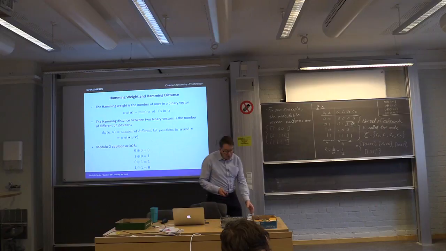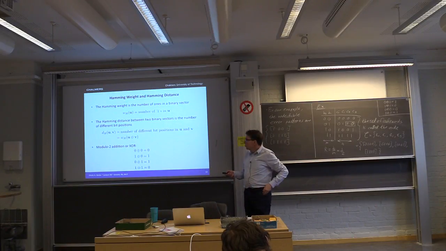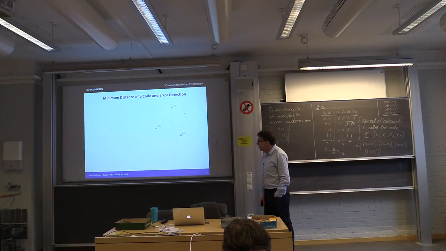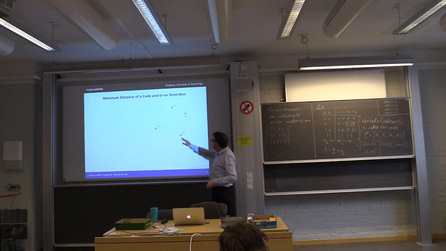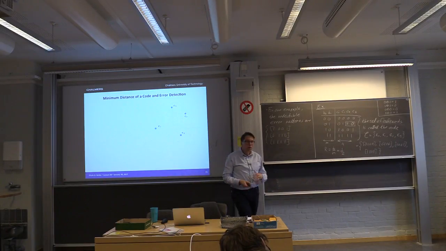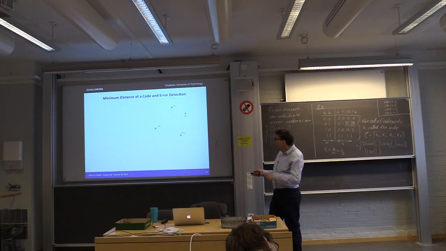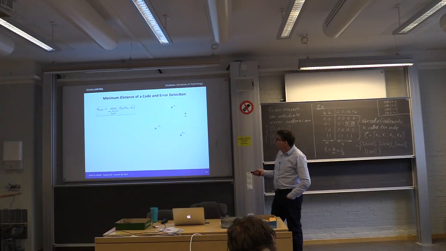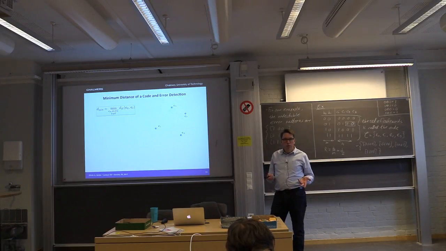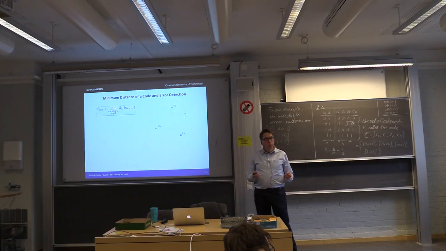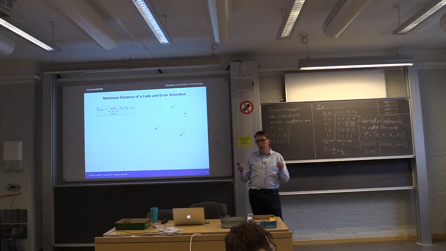So these Hamming distances are quite useful, as we will see. Suppose we have a code with 4 code words here. They're placed out in some binary space. Then we can calculate something called the minimum distance. The minimum distance is the smallest Hamming distance between any pair of 2 code words.